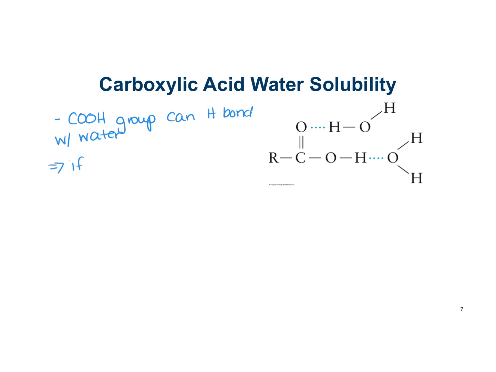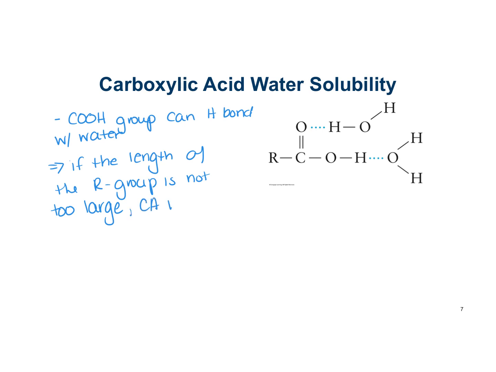And if the length of the R group is not too large, that means the carboxylic acids will be water soluble. So those low molecular weight acids are going to be really soluble in water, but then as the length of this R group here increases, then the water solubility decreases.